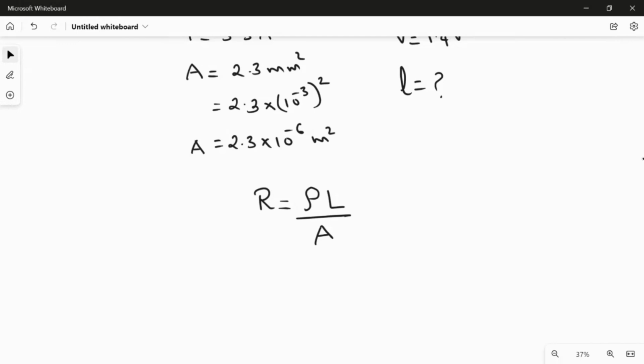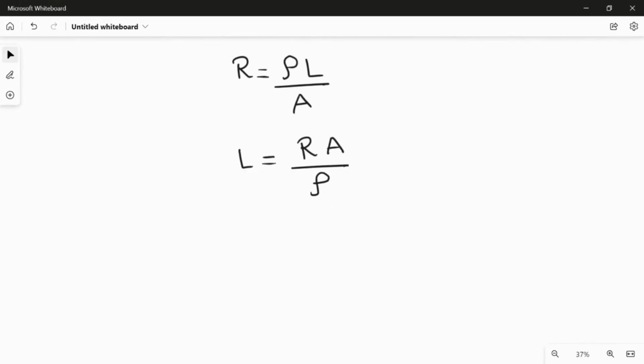That means rearrange this equation in terms of length as length is equal to resistance multiplied by area over the resistivity. So here the resistivity value is not given, but we studied the relation between the resistivity and the conductivity. Conductivity has the inverse relation with the resistivity. So therefore, we can write this resistivity as 1 over sigma, that is 1 over conductivity.